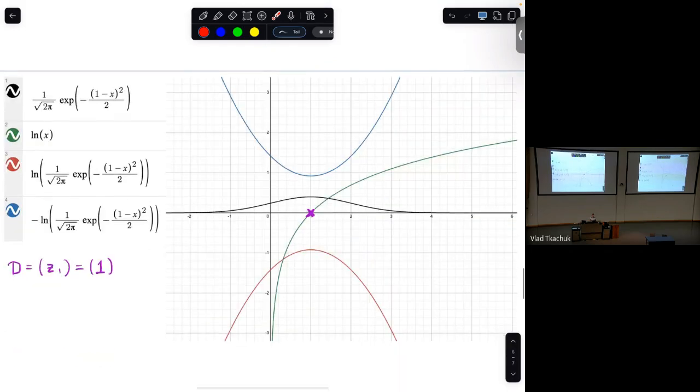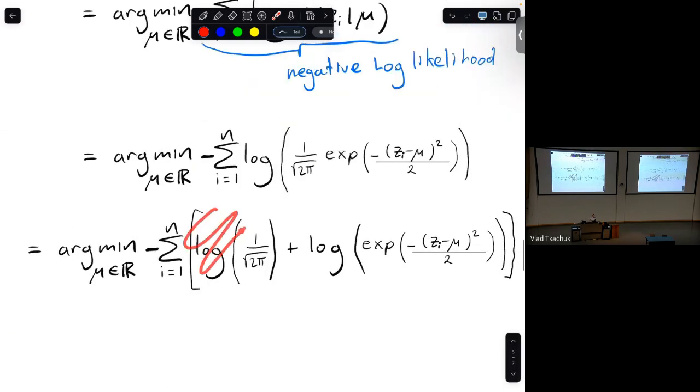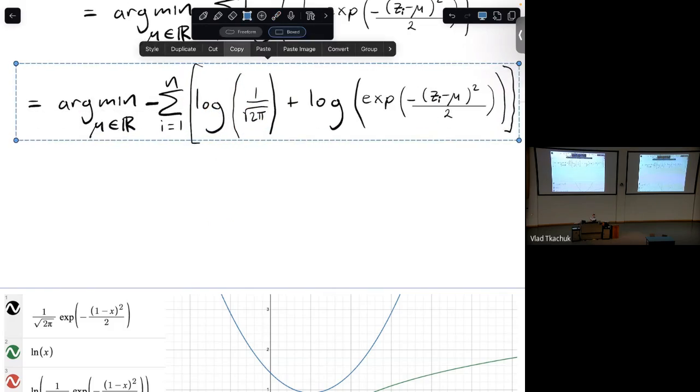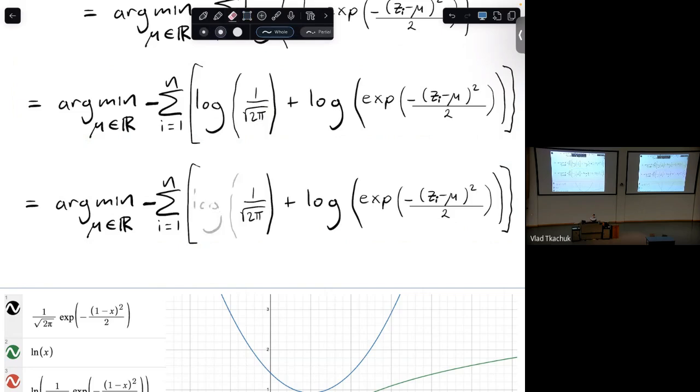We can even see that visually. If I took this blue function and added some amount vertically, it's not going to change the minimizer. So this doesn't change the argument, so we can remove that. So this is an equality again. So just remove that.